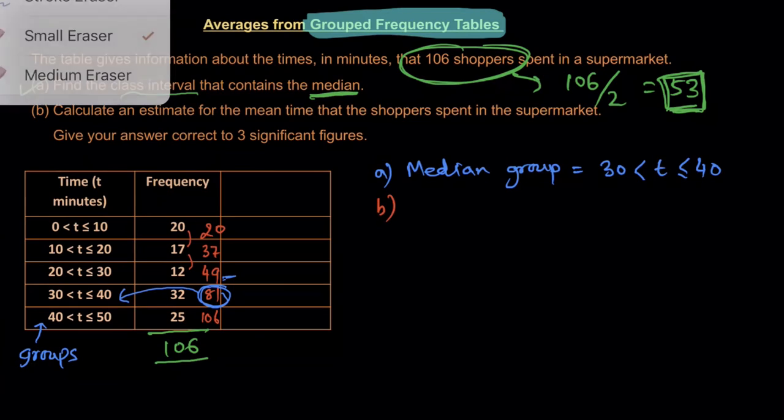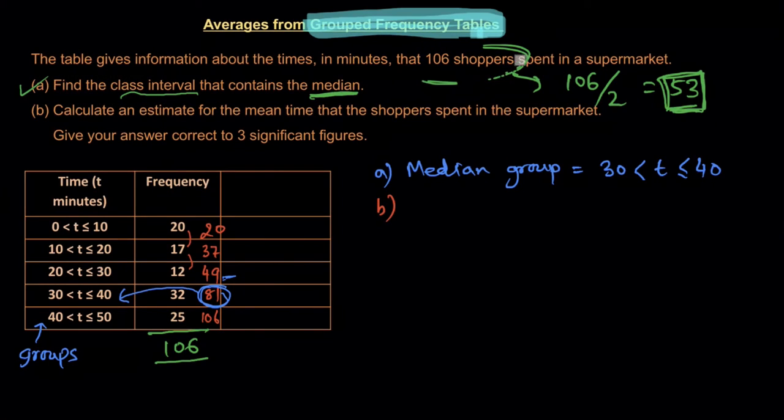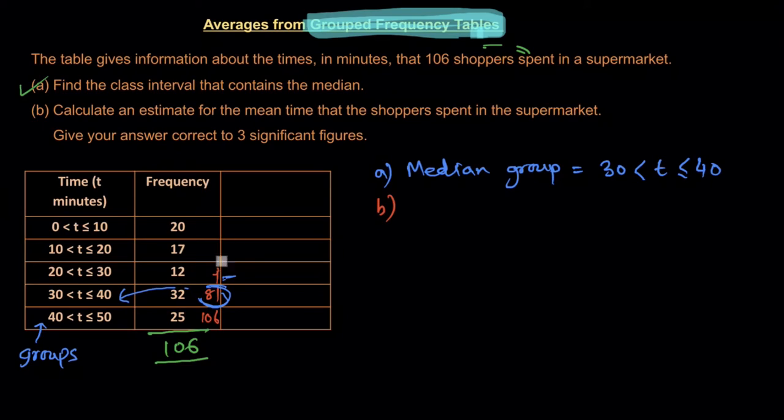To estimate the mean, I'm going to get rid of all this ink which we have used. Okay, to estimate the mean, I can use the same method, multiply across.